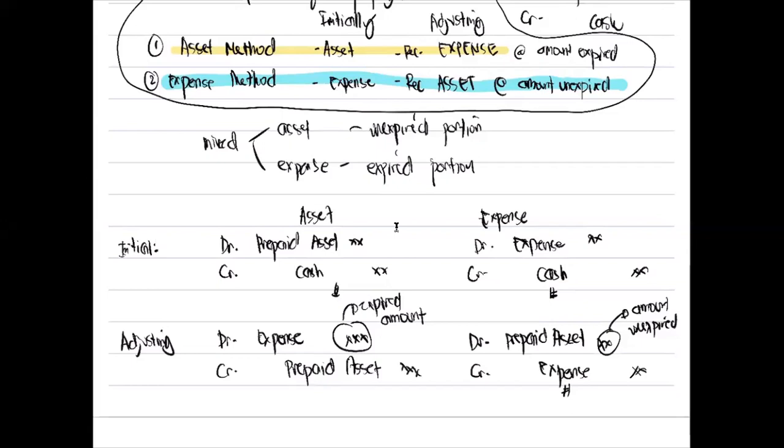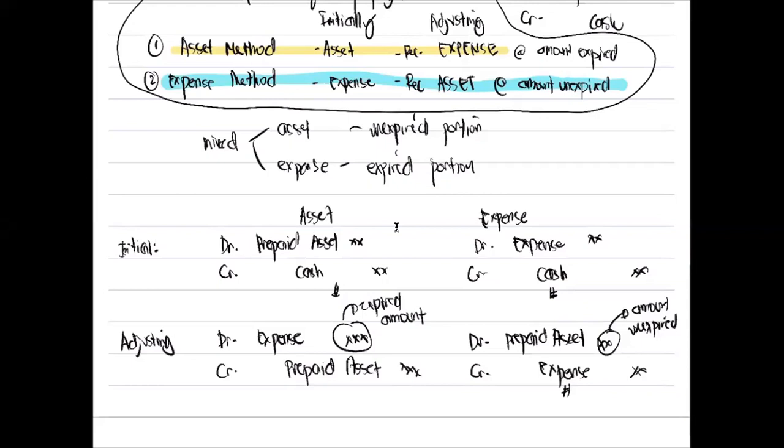To properly understand it, let's have an example. Purchase a 6-month insurance costing 24,000 pesos on October 30, 2020.